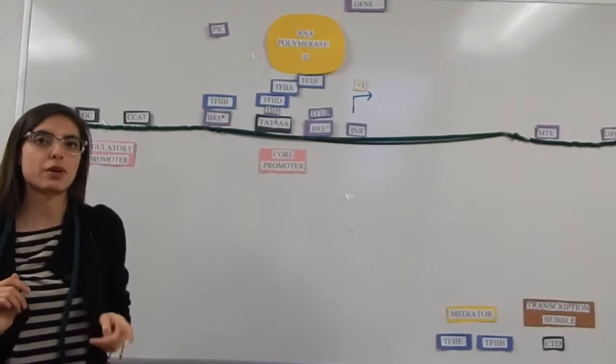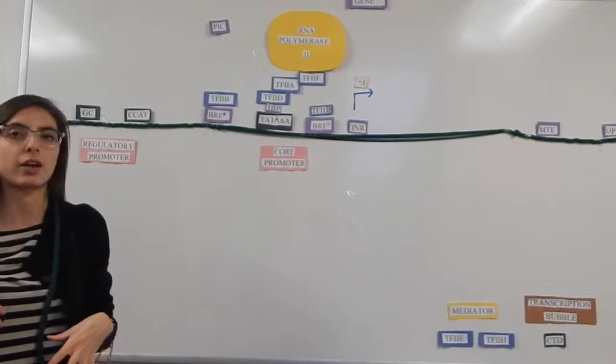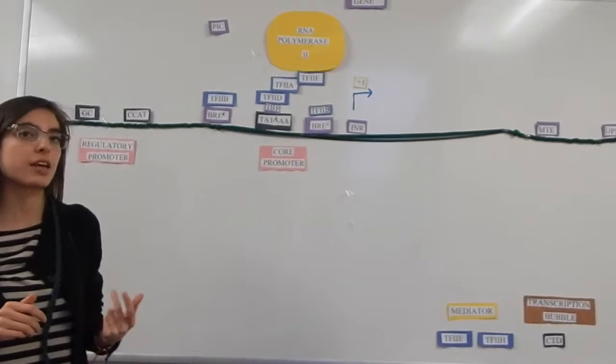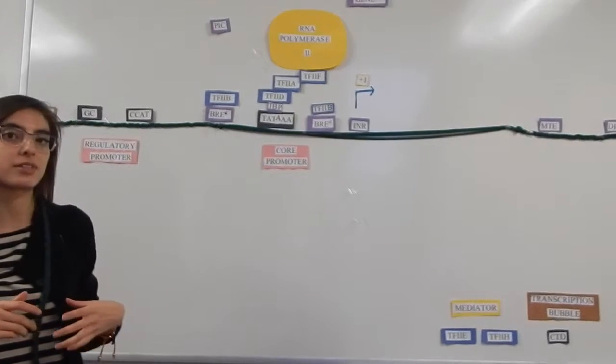Once TFIIF binds, it brings RNA polymerase II to the core promoter area, and it also recruits TFIIE and TFIIH, and it also helps stabilize the complex.